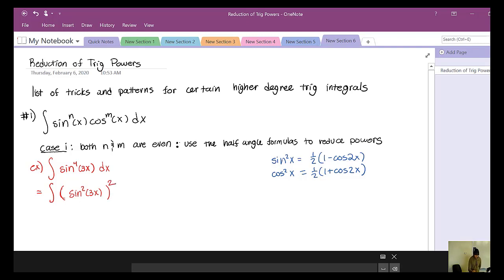And using our formula, what is sine squared of 3x equal to? Well, if we use the power reduction formula, it should be 1/2 times 1 minus cosine of, you can imagine this as twice the original coefficient. So this will be cosine of twice 3, 6.